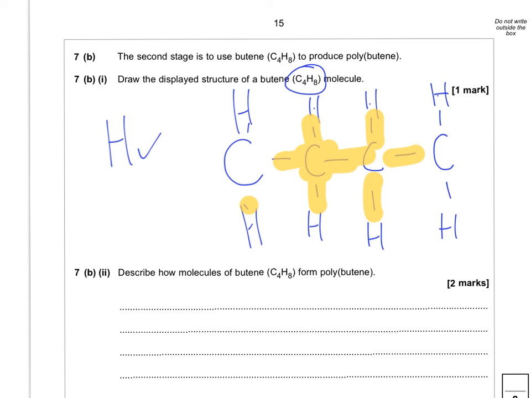that I've done this wrong because the bonds aren't going to add up. So what I'm going to do is take that hydrogen from there and put it on there. So now this carbon has 1, 2, 3, 4.